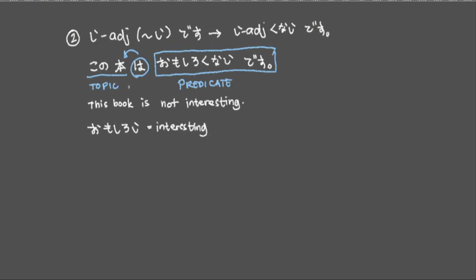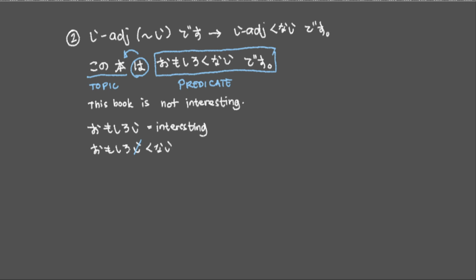Now to make this negative, we alter 面白い into negative form. We remove the e and then we replace it with くない.